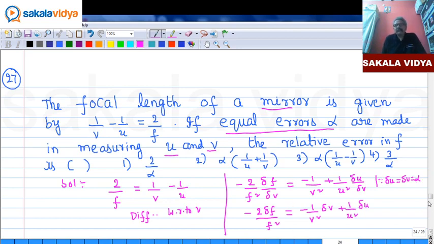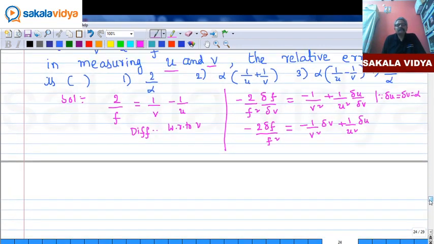So, let us go to the problem now. Here we need delta f by f, multiply with f on both sides.